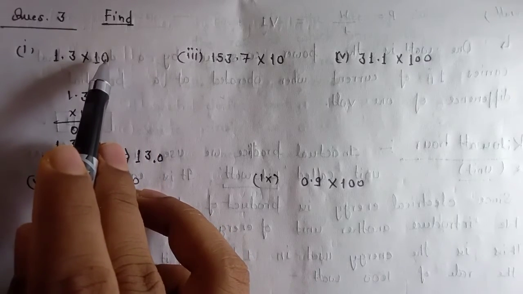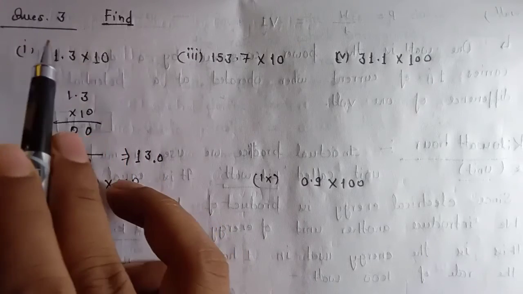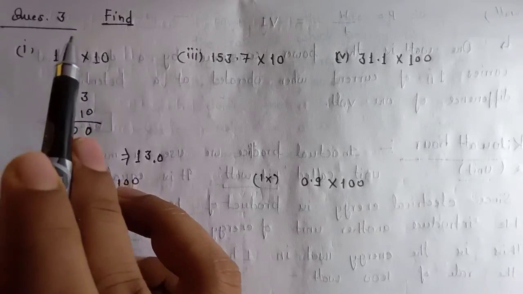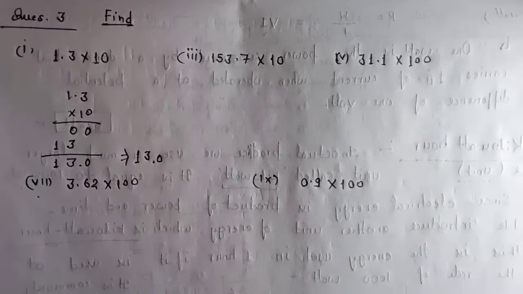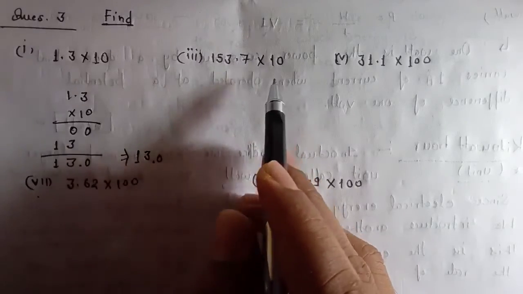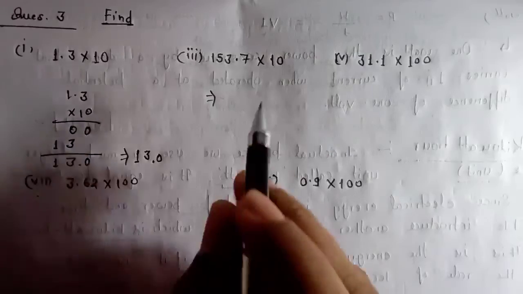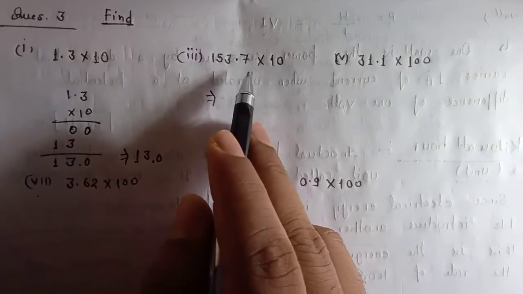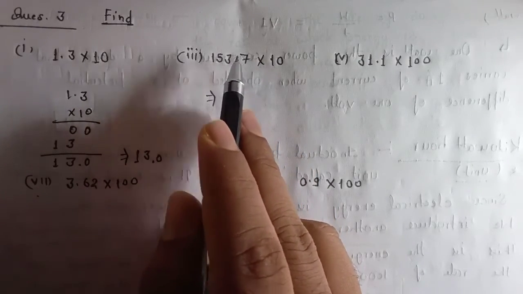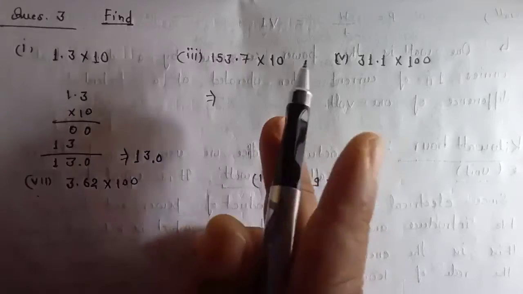Count your zeros. There is 1 zero, therefore you have to carry the decimal point to the right side just for one digit. Here it is multiplied by 10, so you can write your answer directly. What is the answer? It is being multiplied by 10, so you have to carry this decimal point right side but for one place only.